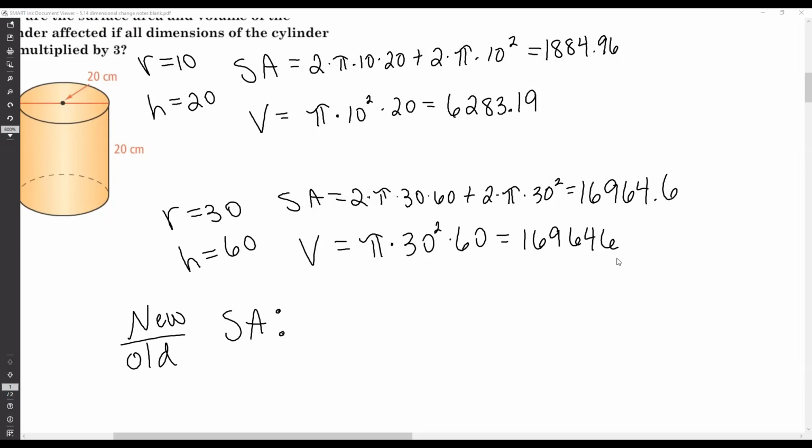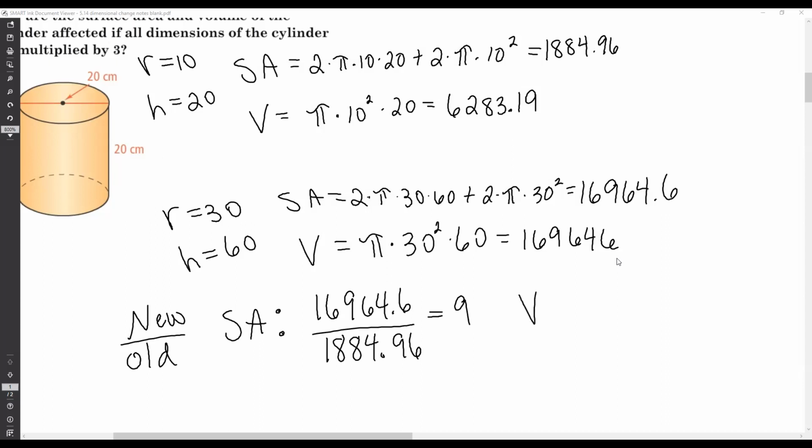My new surface area was 16964.6, and my old one was 1884.96. Okay, we'll divide that, and you will get 9.